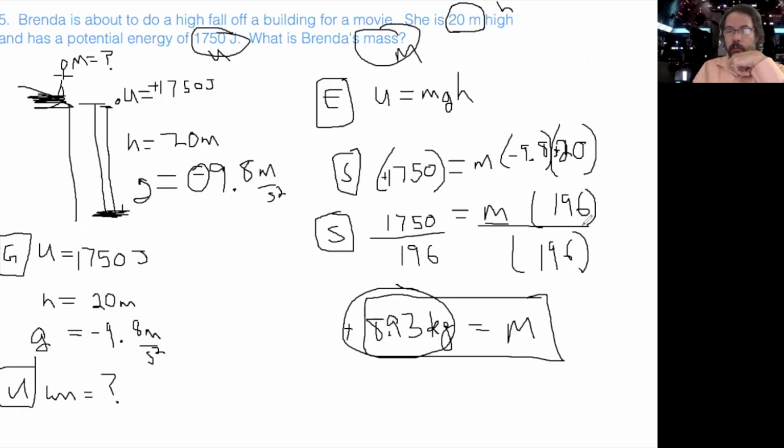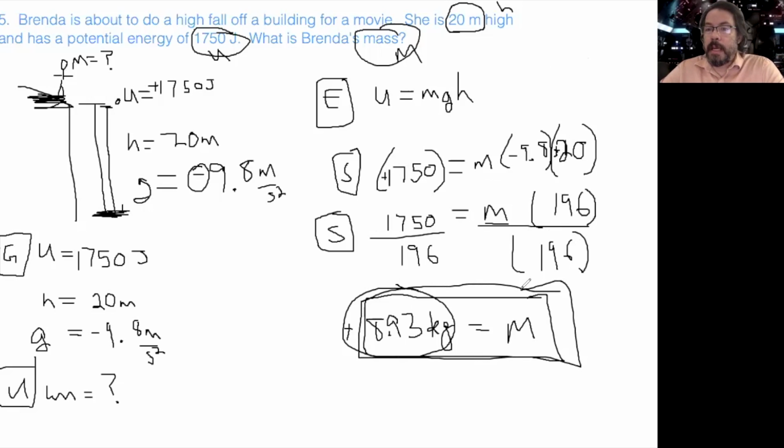Bottom line is she'll have 1750 divided by 196 and you get 8.93. But that is the answer. All right. The negatives are confusing. Don't let them be. Just remember what they actually mean. Direction. What is happening?